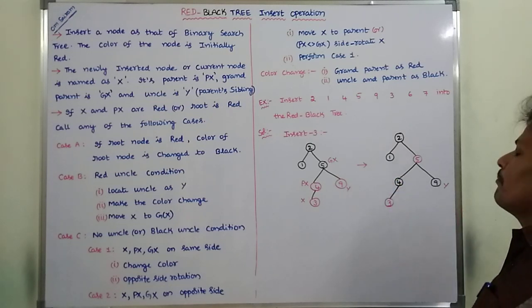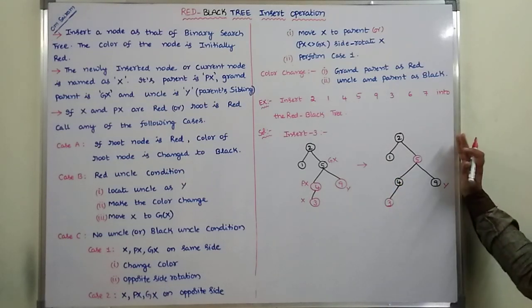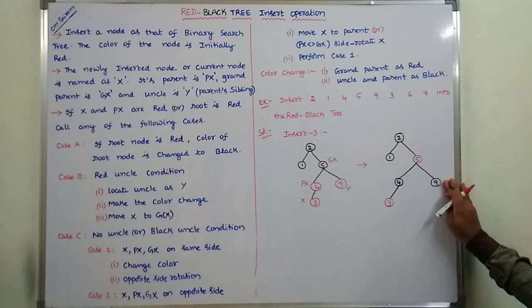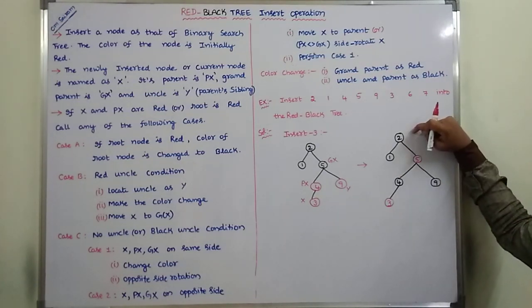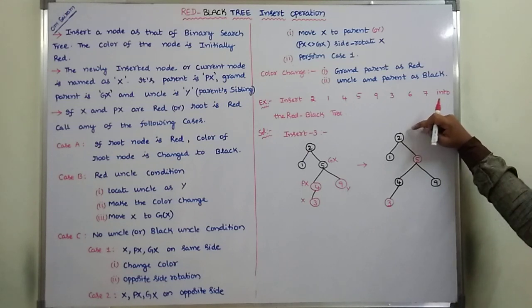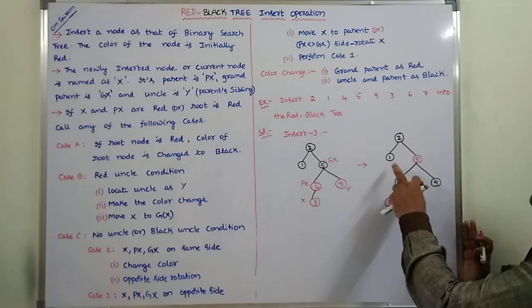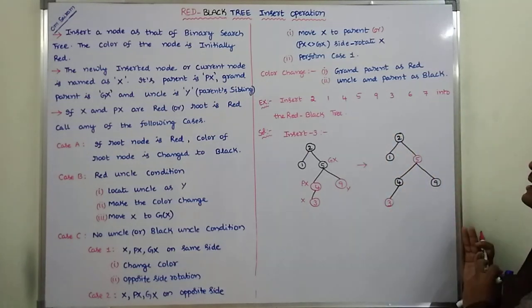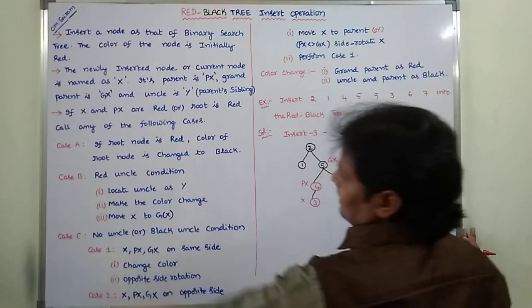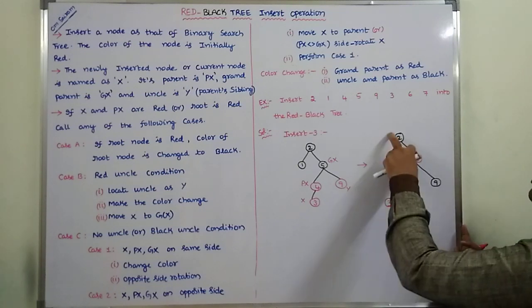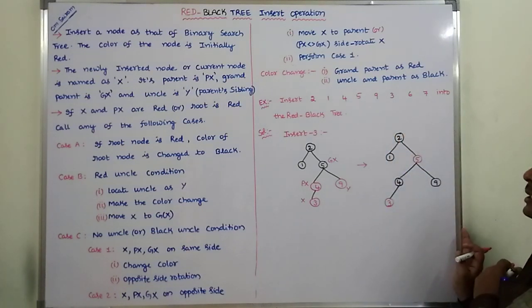Okay, finally. So now, is this a red black tree or not? Now we are checking whether this tree is a red black tree or not after performing the 3 steps of case B. Okay, here the root node is a black node.